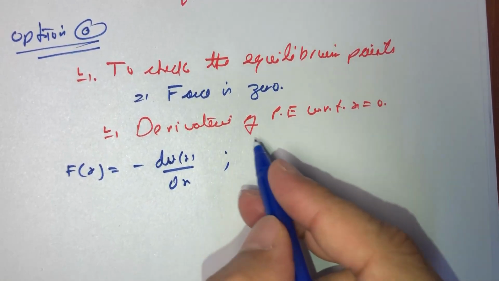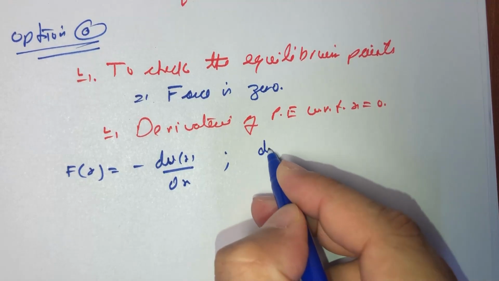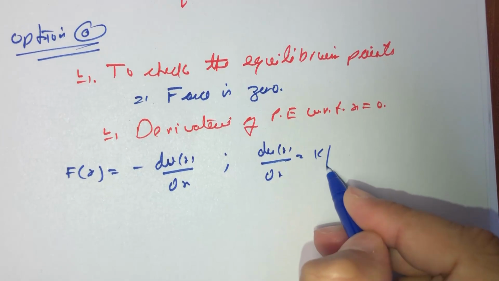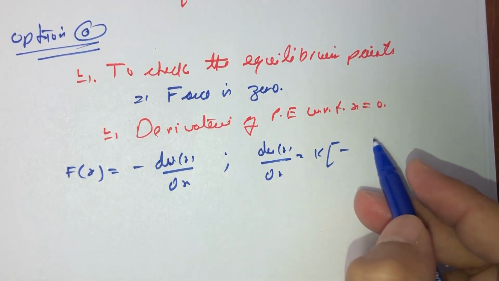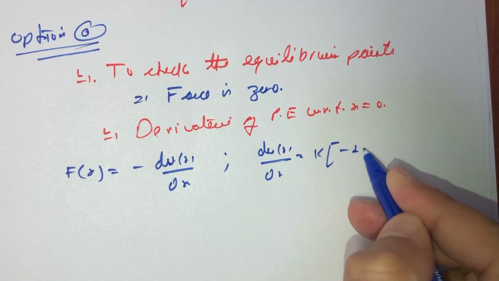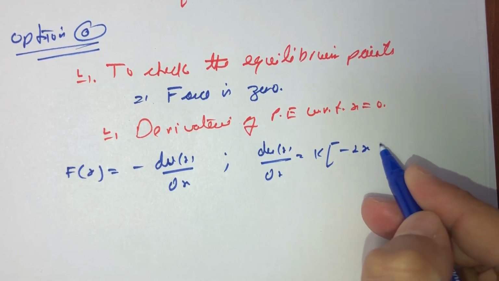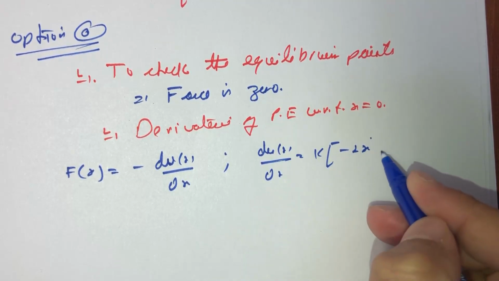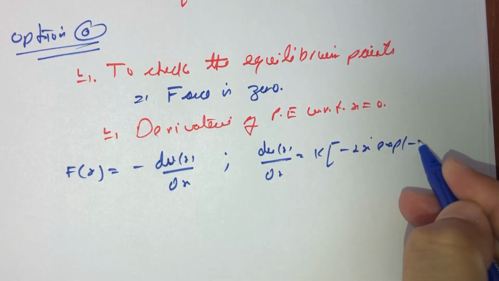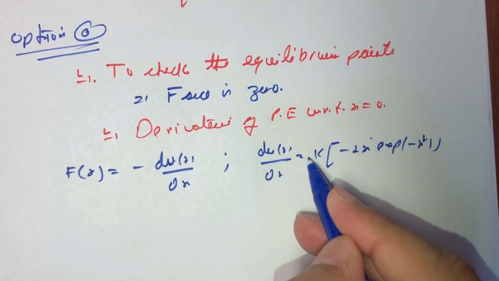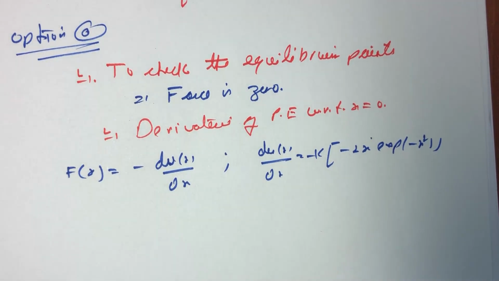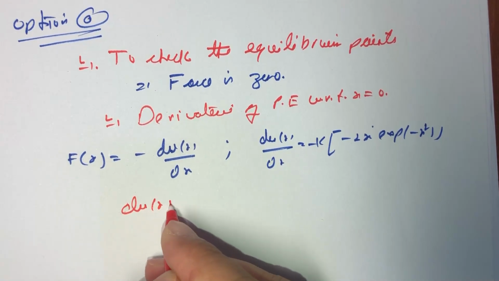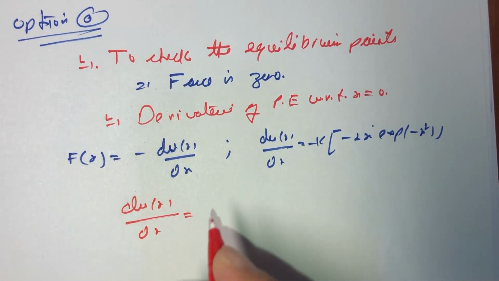Let us find the derivative of the potential energy: du by dx is equal to k, and we get here 2x, and this is exponential of minus x squared.